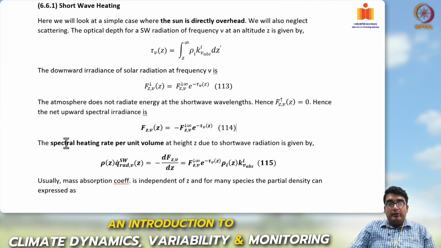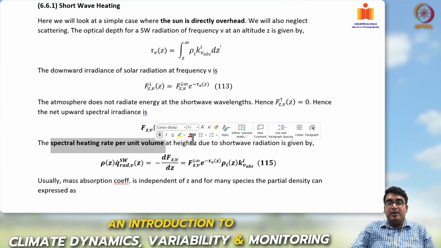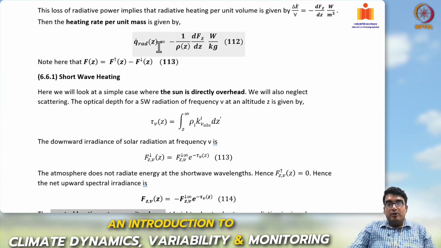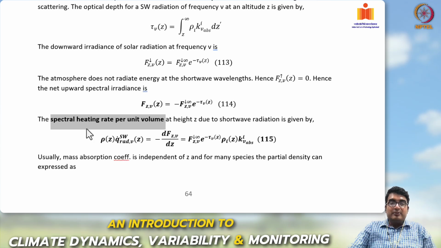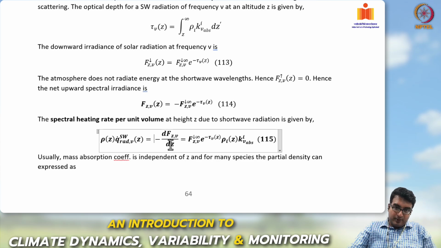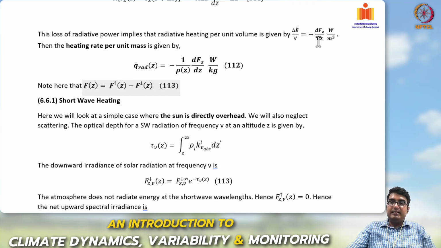Now we know that the spectral heating rate per unit volume, which is rho times q dot, the mass based heating rate, is minus dFz for that frequency by dz. Basically this expression here, but based on the frequency.